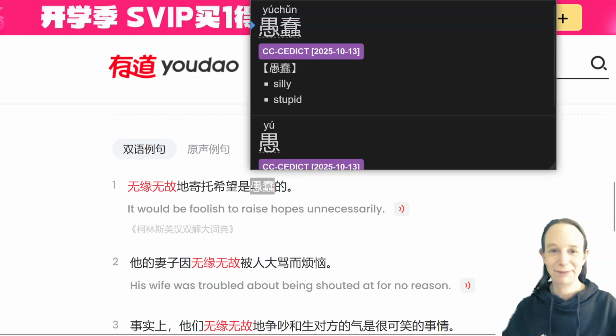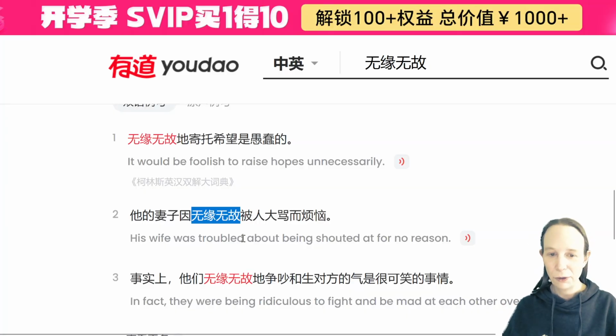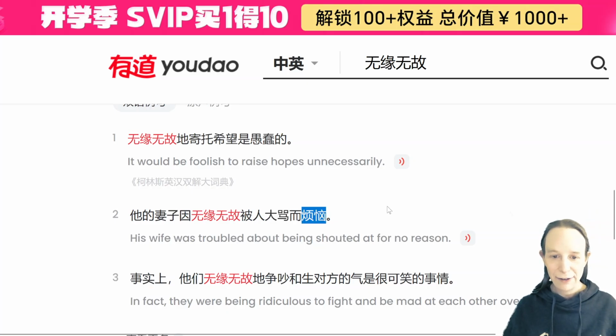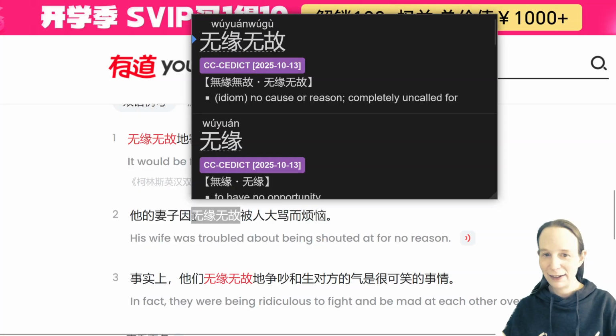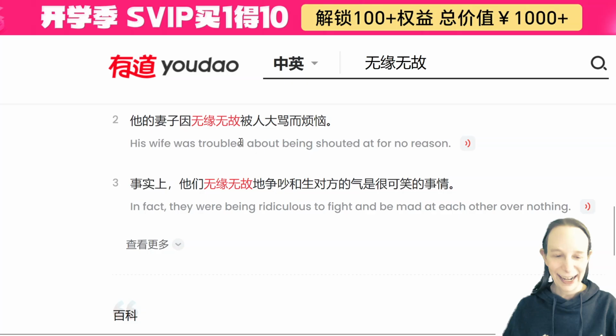I mean, that's what it says. I didn't decide what it says. 他的妻子因无缘无故被人大骂而烦恼. All right. So people started swearing and getting angry at his wife for no reason.